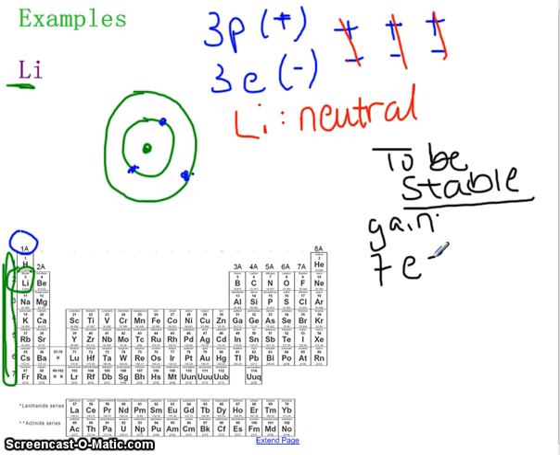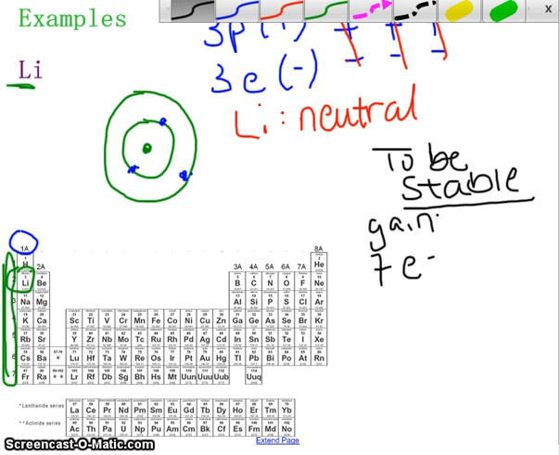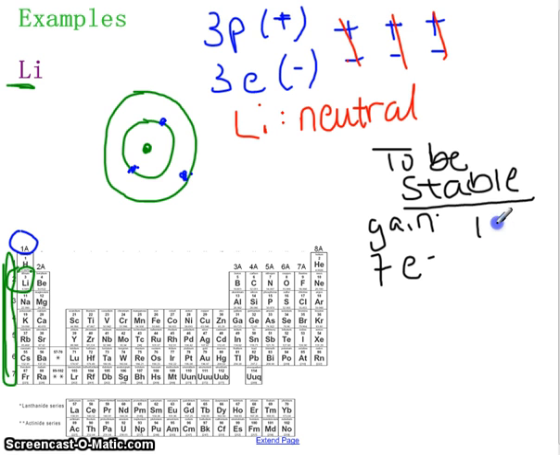But if you remember, the first shell is full with 2 electrons. So the other option lithium has is just to lose the one valence electron that it has, to remove this one electron.